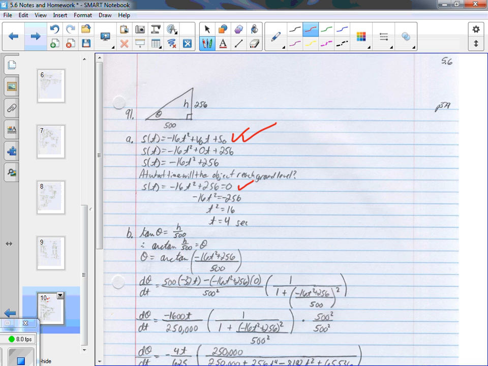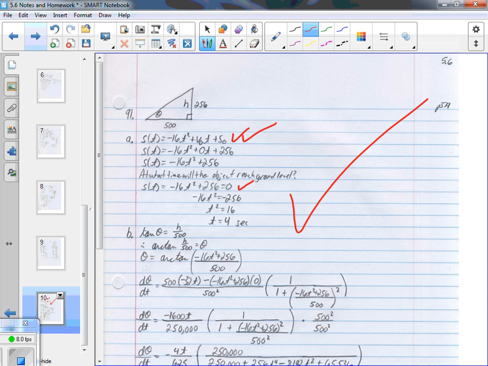Okay? And when you get t squared equals 16, we all know that t equals plus or minus 4 seconds. But at negative 4 seconds, they haven't dropped it yet, so that can't be it. Okay? So it's 4 seconds. We good on part A?